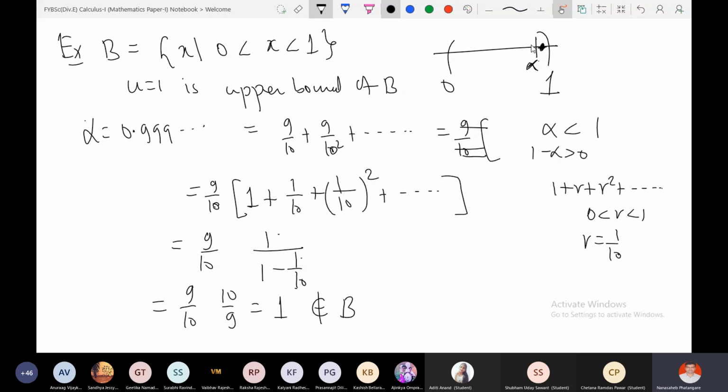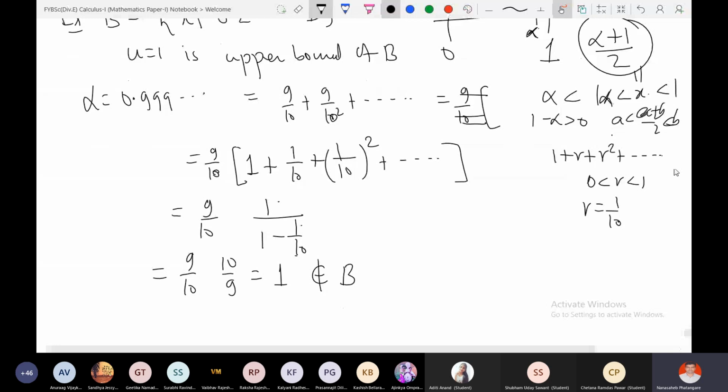That means there is some space between alpha and 1, and look at the mean of them, alpha plus 1 by 2. Where is this number? Is it less than 1? Is it greater than alpha? Which we already proved: if A is less than B, which property?